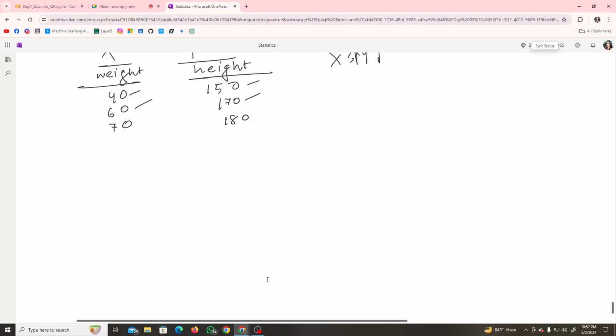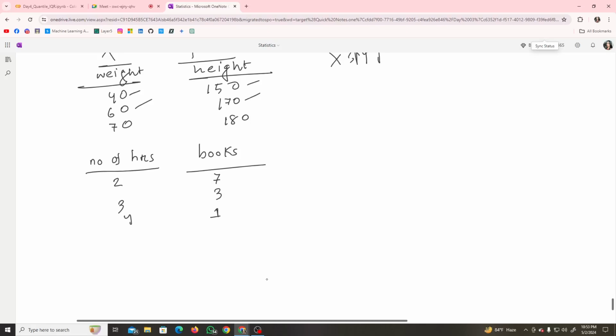Then let's say, I'm going to give you another example, which is the number of hours you study, and the number of books you complete in these hours. So suppose the number of hours is 2, 3, 4, and the books go like 7, 3, 1.